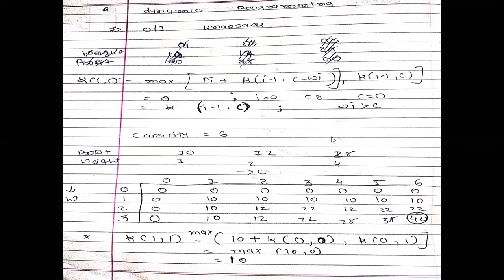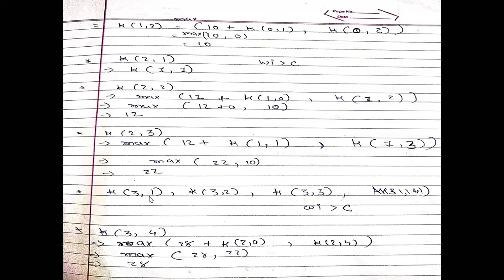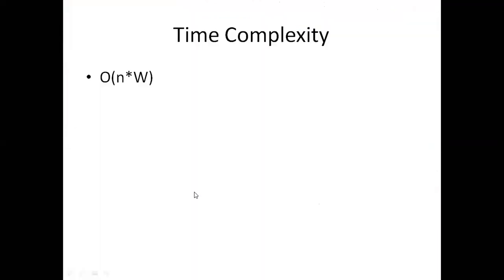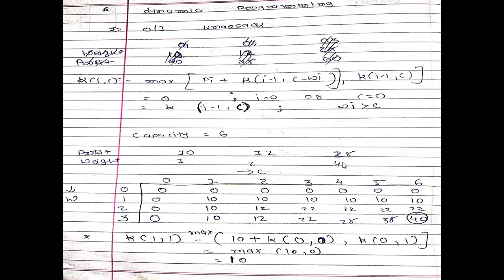Now we are having at 3 1, we have to calculate for 3 1. હવે 3 1 3 2 3 3 એ બધામાં કઈ condition satisfy થાય છે? Weight of I is greater than C, because third item નું weight છે 4. So 4 is greater than C એટલે કે 1. 4 is greater than 1. 4 is greater than 2. 4 is greater than 3. તો આ ત્રણ કોલમ માટે તમારે કઈ વેલ્યુ પુટ કરવી પડશે?